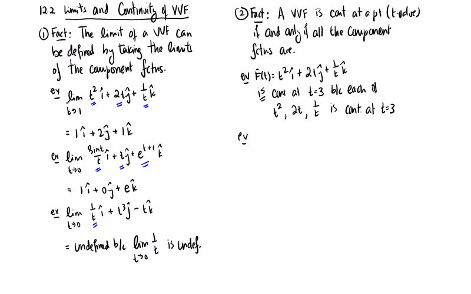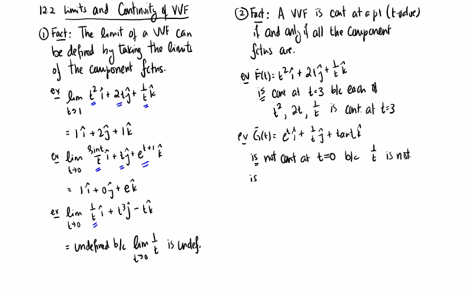Whereas, for example, something like g of t equals e to the t i plus 1 over t j plus tangent of t k is not continuous at t equals 0, because 1 over t is not.